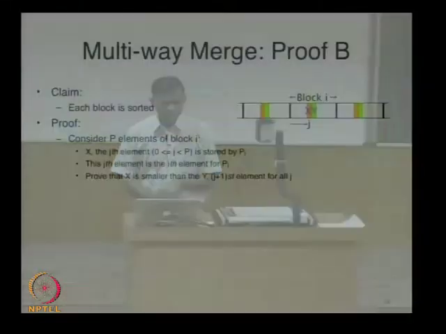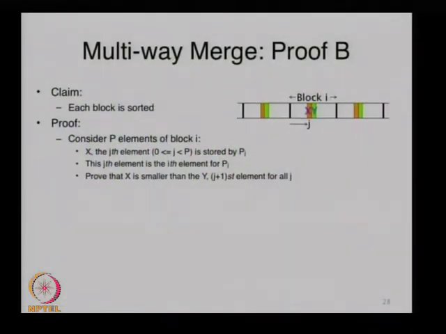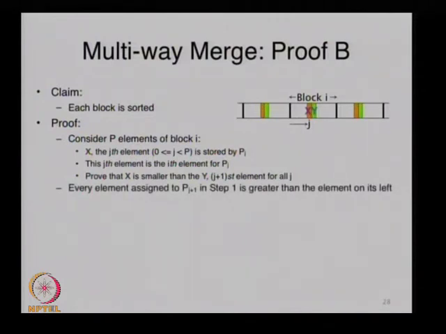Now there are a few things that you can immediately see. If x is at the jth position, then who put x there? Jth process, Pj. If y is at the next position, then it was put there by Pj plus 1. Can you now claim that every element that Pj plus 1 has enough numbers to its left?